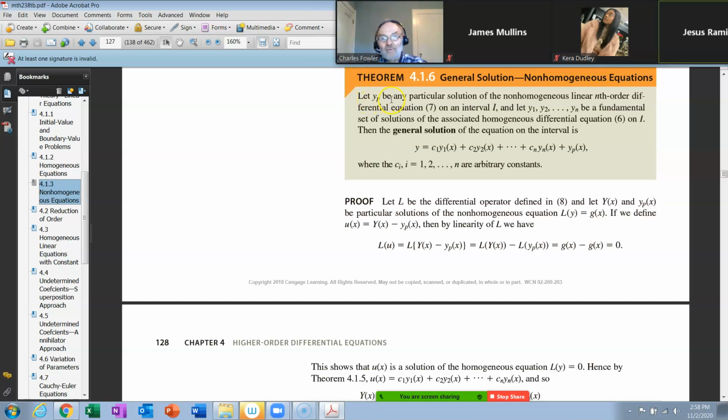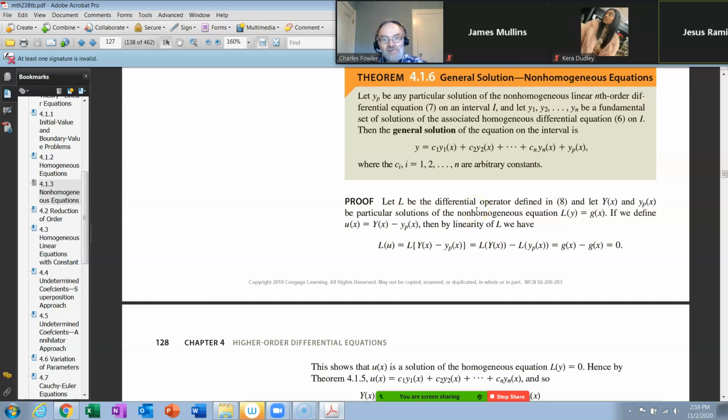Let y sub p be any particular solution for the non-homogeneous linear nth order differential equation 7, that's when the right hand side is not equal to 0, on some interval I, and let y sub 1, y sub 2, y sub 3, all the way up to y sub n, okay, because this is the nth order differential equation, be a fundamental set of solutions of the associated homogeneous differential equation 6 on that interval I, then the general solution of the equation on that interval is y is equal to c1 y1 plus c2 y2 plus c3 y3 plus all the way up to cn yn plus y sub p, where y sub p is a particular solution for the non-homogeneous case.